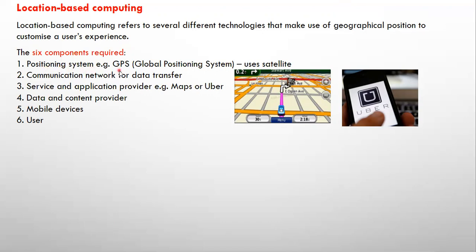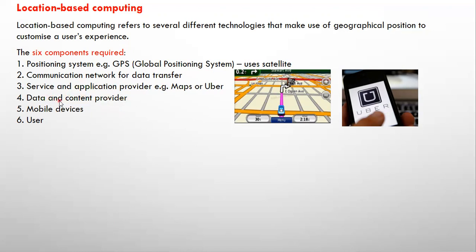Now, your components for location-based computing. One is a positioning system like your GPS, which uses satellites to obtain your position. Then you need a communication network, so you need a network for data transfer. You need a service like Uber or Maps and an application that allows you to access the server. You need a data and content provider.